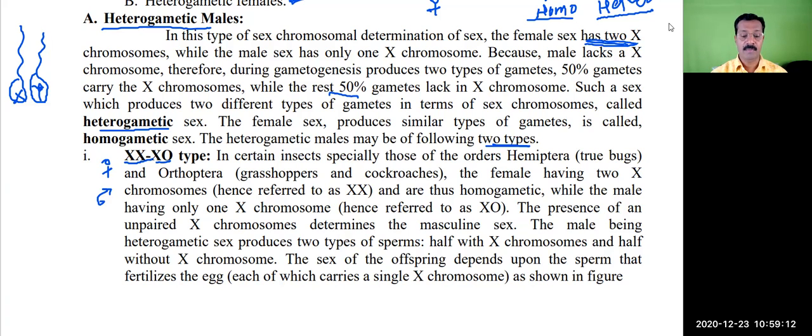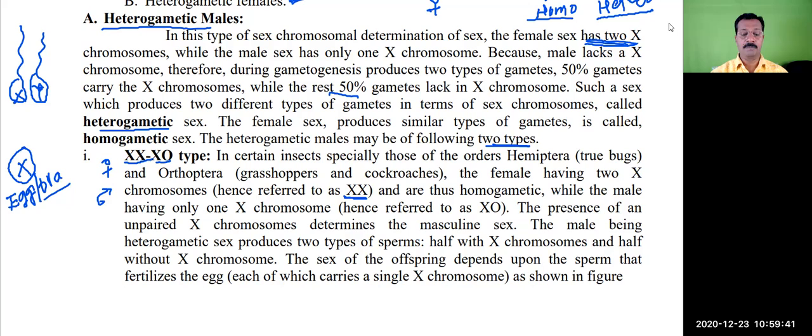But female has both sex chromosomes, X and X. So female will have X and X chromosomes, and it will form similar type of gametes, that is only X in its egg or ova.